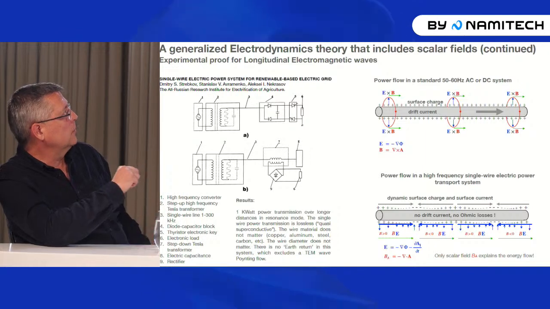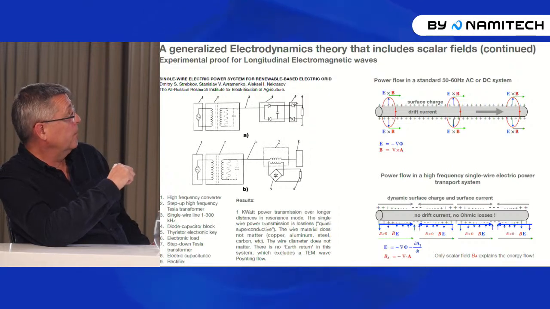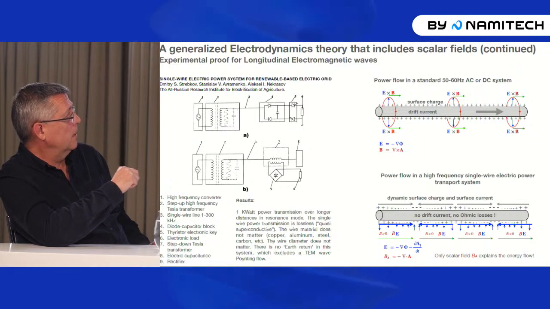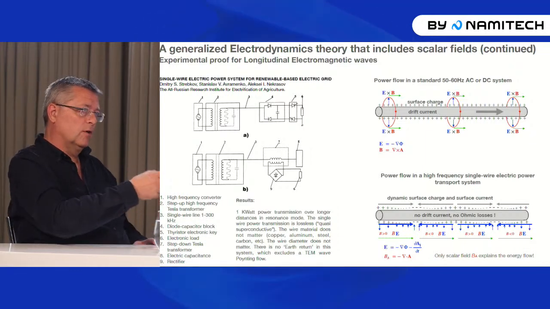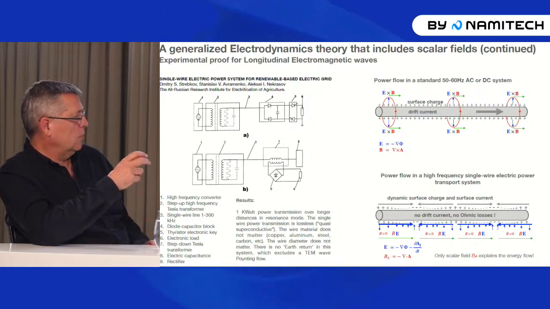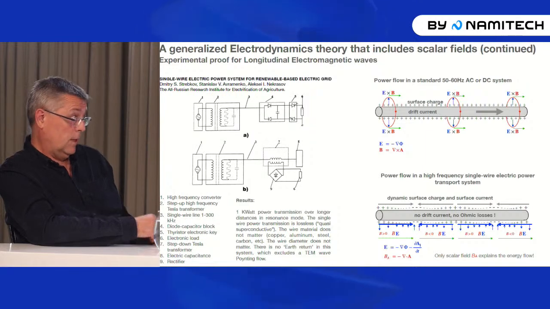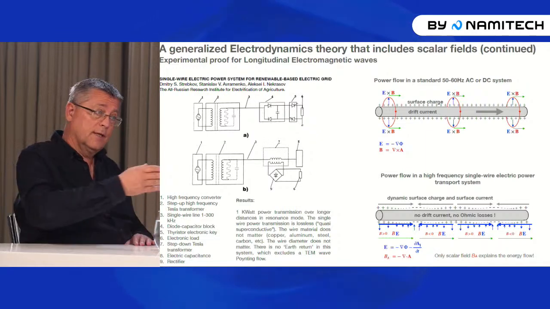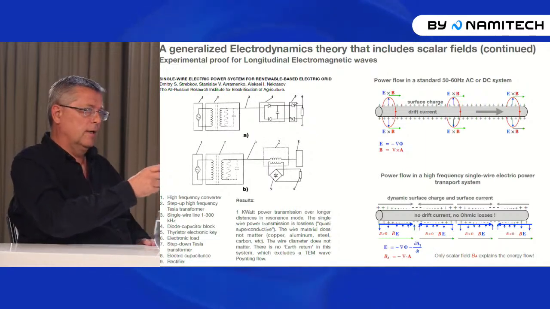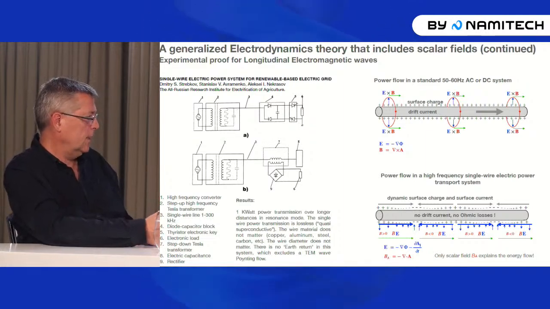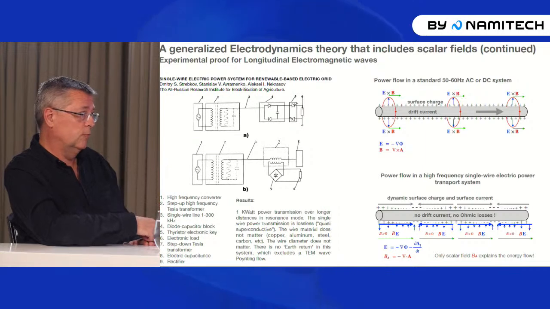So first I would like to point out an experiment that has been done by Tesla and also by a Russian team, which is about energy transport over a single wire. The results of these experiments is that you can transport a lot of energy in the kilowatts over a single wire, which can be very thin, and over longer distances, and the wire material does not seem to matter that much.